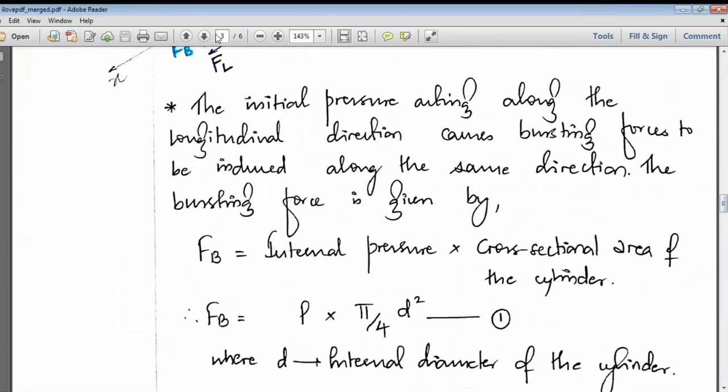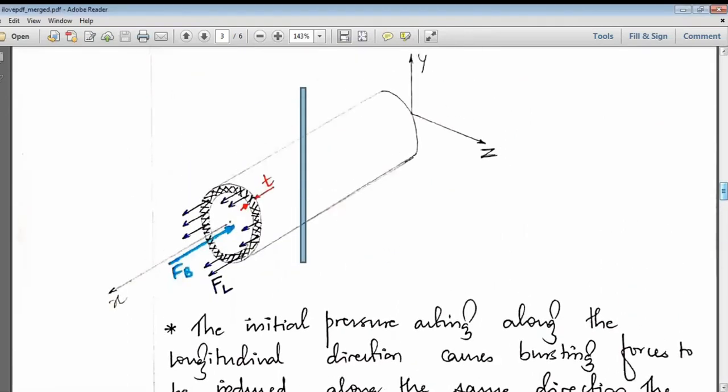Now this is important when you are taking the vertical section. Your area will be the cross-sectional area of the cylinder, because you are cutting the cylinder vertically and the area which will be exposed in this case is the cross-sectional area.